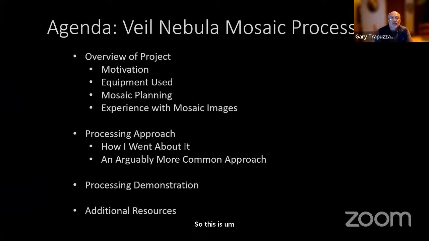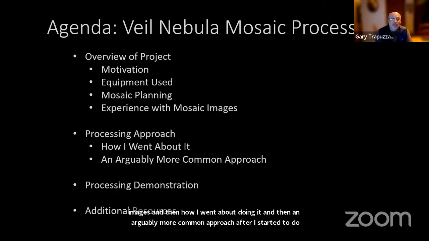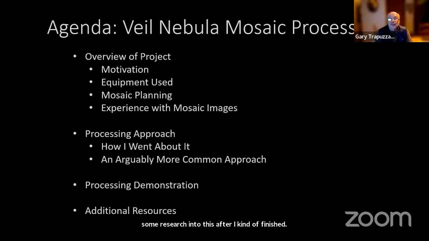What we're going to talk about today is an overview of the project, what motivated me to do this, what equipment I used, how I planned it, my previous experience with mosaic images, and then how I went about doing it, and then an arguably more common approach after I started to do some research into this after I finished, and then a processing demonstration, and then a series of links and resources to learn more about this topic, like mosaic image processing, but also this more common approach.